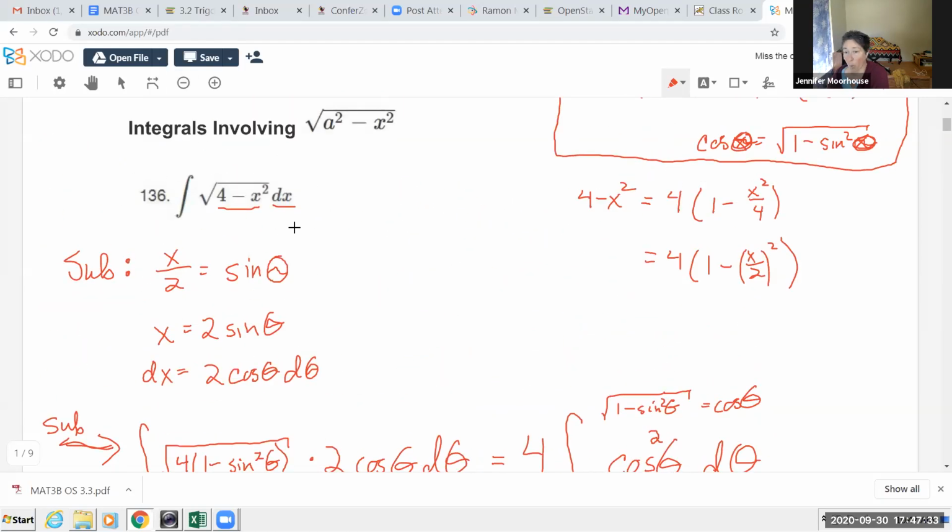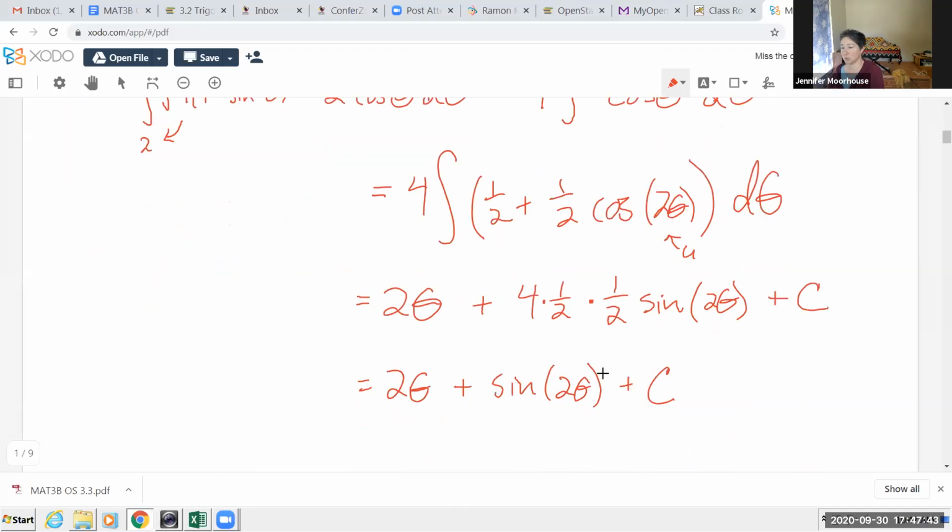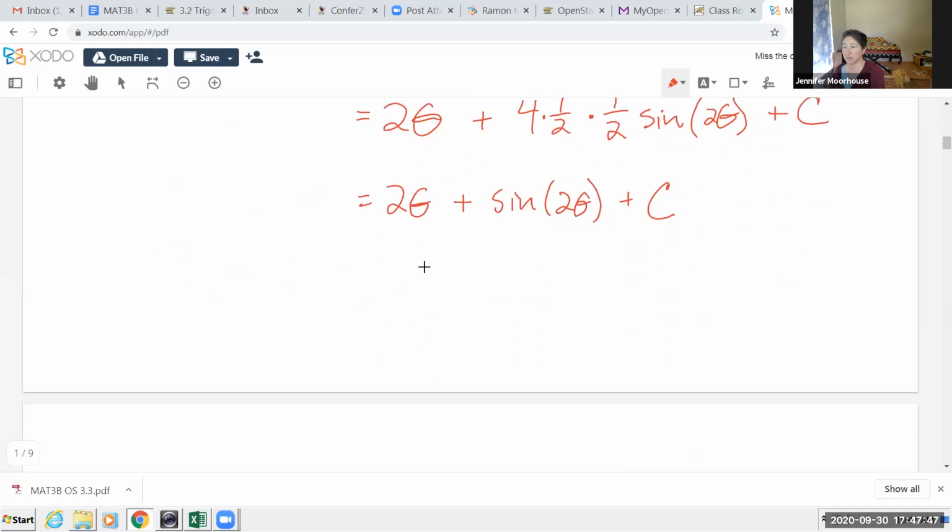So my original is an integral of a function of x, then my final answer should be an answer in terms of x. So that means I need to substitute back in for the theta and the sine of 2 theta. I need to figure out what those are as x's.